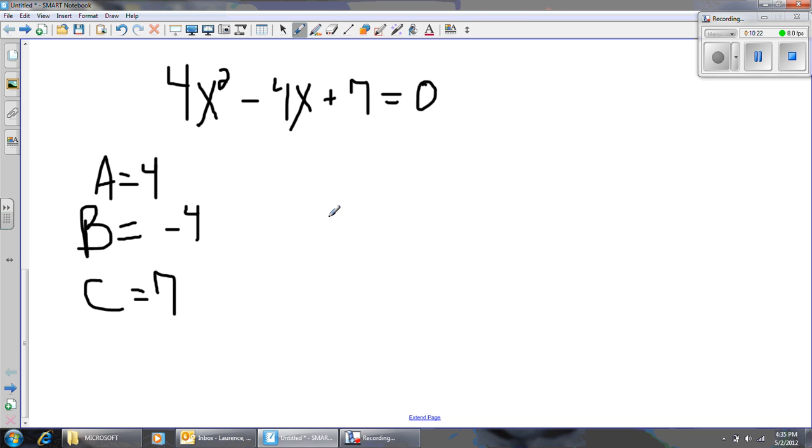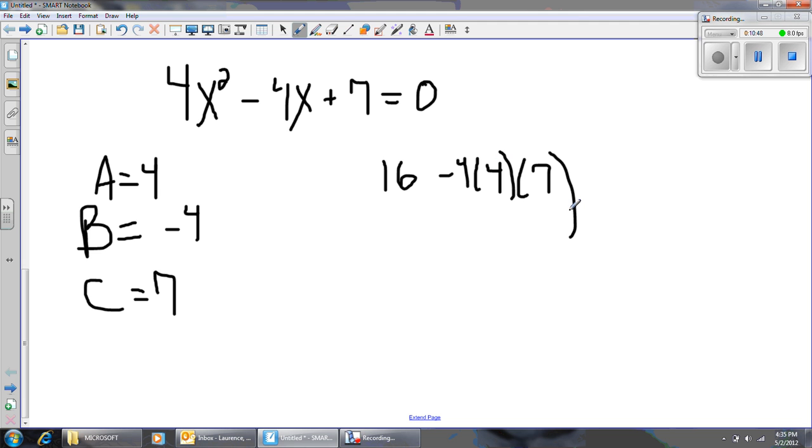Right? I'm going to check my discriminant really quick, and I know I'm going to get 16 for the b squared part minus 4 times 4 times 7, right? And that is going to give me a number less than 0, because 4 times 4 is 16.